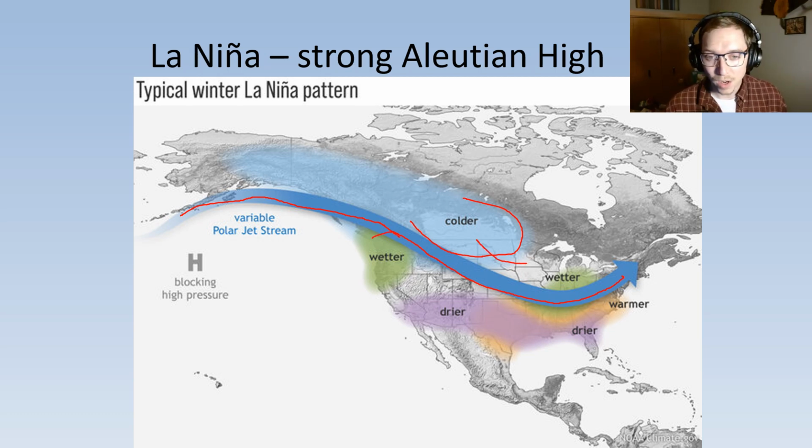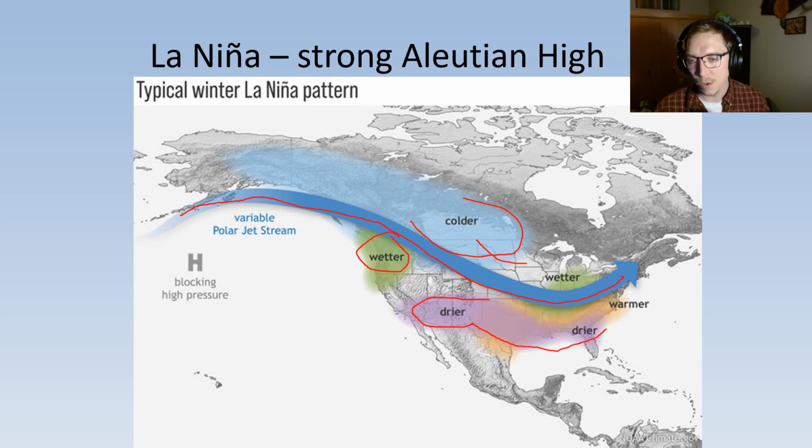It can be wetter in the Pacific Northwest, drier along the Four Corners region throughout much of the south, along with warmer along the south into Texas and kind of back around. And it can be wetter in our neck of the woods: Minnesota, Wisconsin, Illinois, Indiana, Ohio.